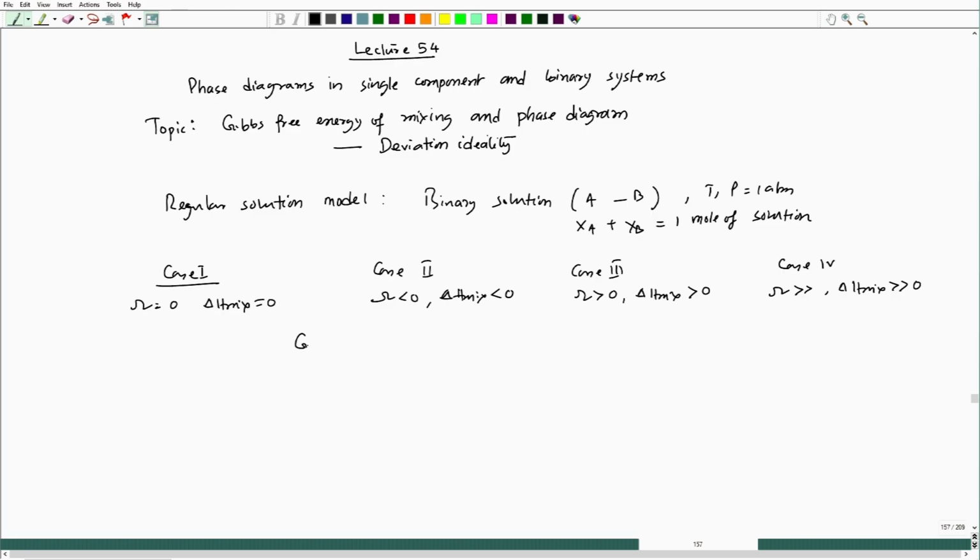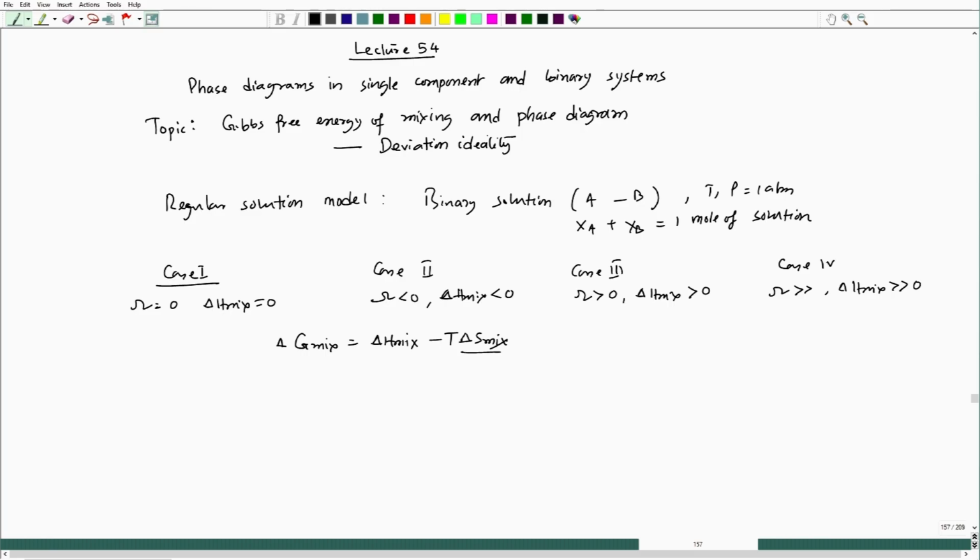which is delta G mix equal to delta H mix minus T delta S mix. So, this delta S mix, whether we are considering ideal or non-ideal, in all cases will only consider the configurational entropy term.